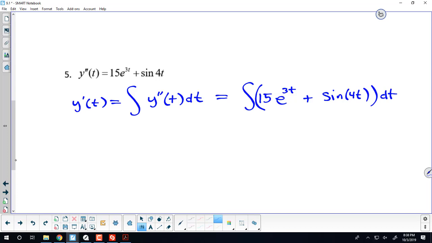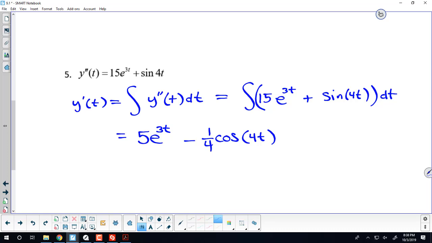Okay, so antiderivative 1 gives us y prime. We have 15e to the 3t over 3, minus cosine 4t over 4.